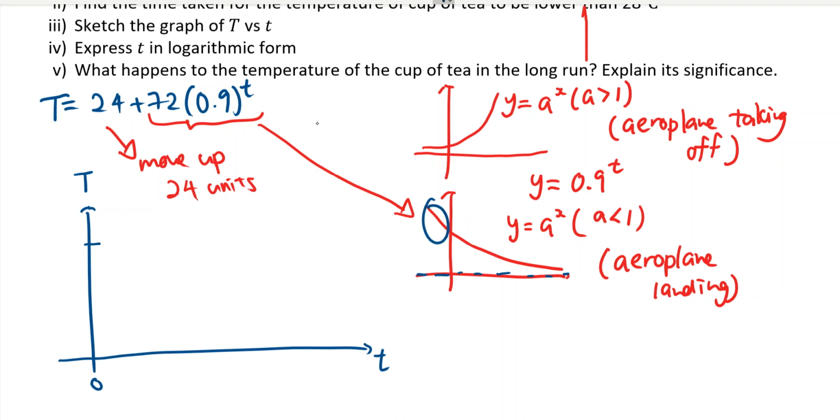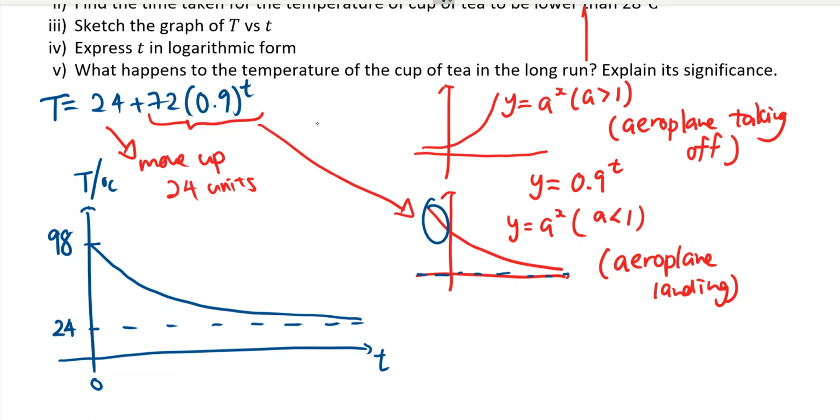The beginning temperature, when it starts to cool, is 98 degrees Celsius, and it goes down. Down to where? You are supposed to label this, called an asymptote, the value that T will go very close to but never reach, and it will be 24.